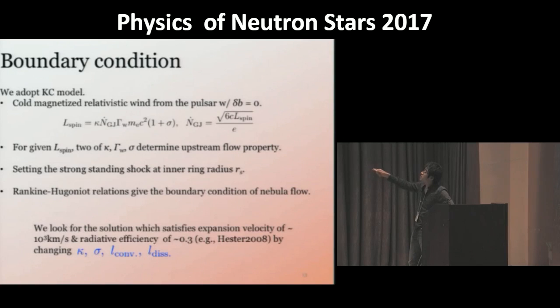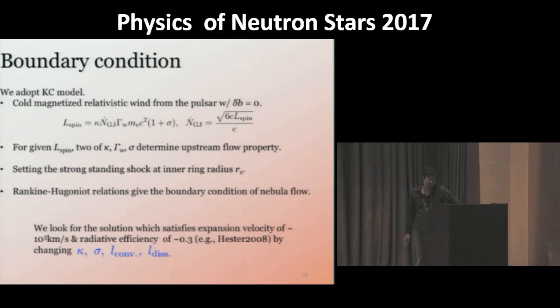The upstream of the termination shock, we consider the cold magnetized wind. So it can be written like this, and because this is the Golden-Hadrian, the number flux is written with the spin-down luminosity. So we only need this kappa, gamma and sigma.